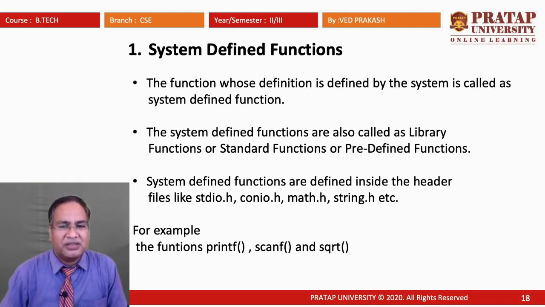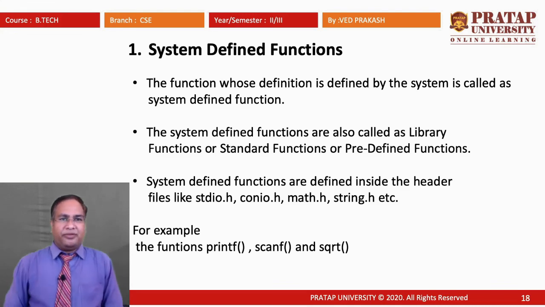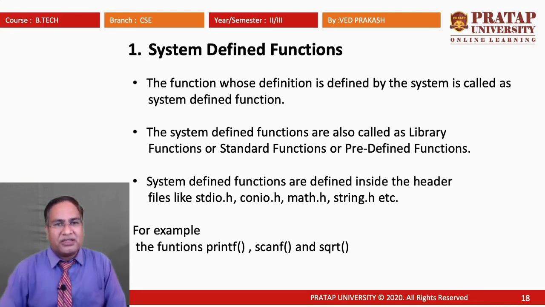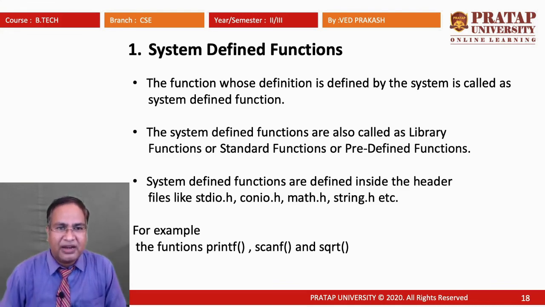System defined functions are declared inside header files such as stdio.h, conio.h, math.h, string.h, etc. So we can say that the definitions of system defined functions are in the corresponding libraries and they are inbuilt in the system libraries.